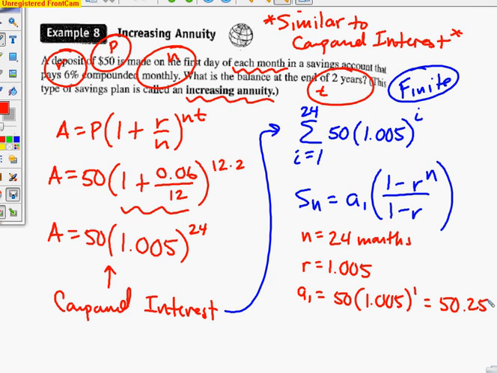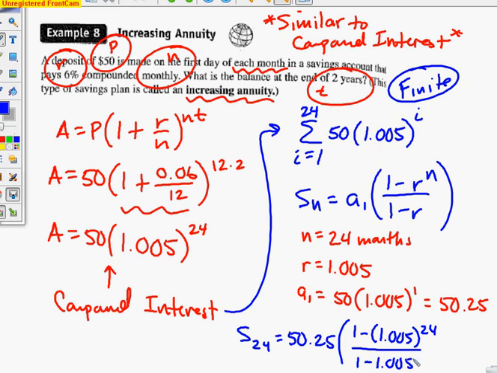So now I can plug away. And I'll do it right here. A sub 24 equals 50.25 times 1 minus 1.005 to the 24 over 1 minus 1.005. And I'll put the answer right here. So, when you do 50.25, remember your parentheses.